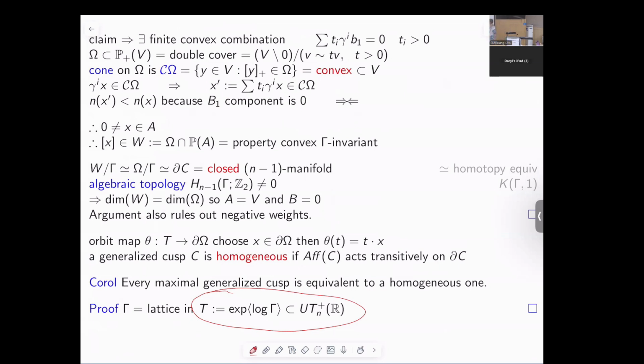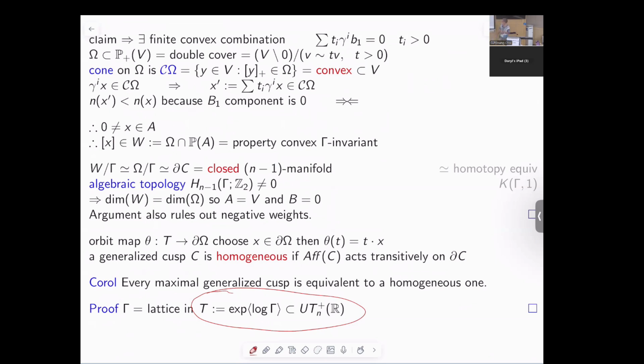And now, if you take a point in the boundary of the original domain and you orbit it by this connected Lie group, then you get a convex hypersurface. And the group gamma preserves this convex hypersurface. And so you get a possibly new domain where this new domain is preserved by this Lie group. And so the conclusion is that a maximal generalized cusp is equivalent to a homogeneous one.